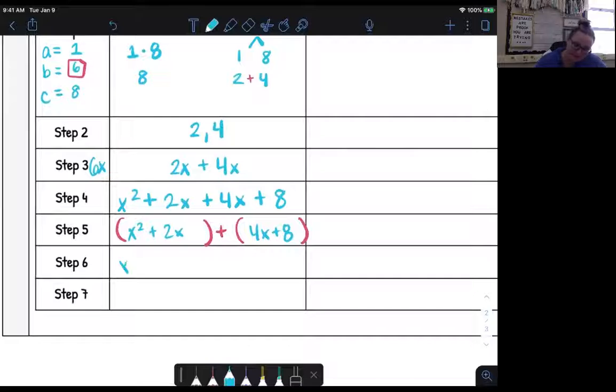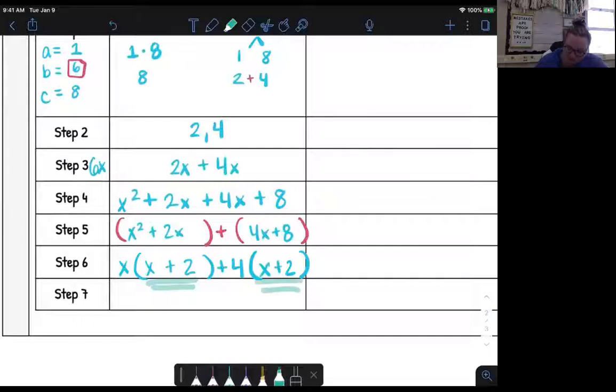They both have an x. And then what would be left? Well, x times x would get me that x squared back, and x times 2 would get me that 2x back. Then what do 4x and 8 have in common? They have a 4. Well, 4 times x would get me 4x, and then 4 times 2 would get me 8. Well, hey, check it out. Our parentheses match.